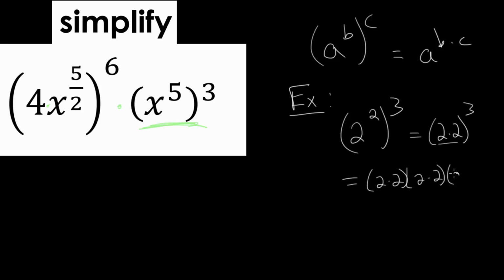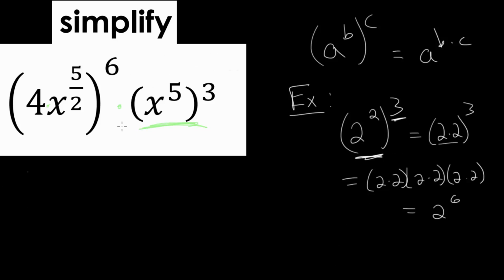And what you'll notice is that you end up with 6 2's multiplied together, which we can rewrite as 2 to the 6th. But if we just applied this rule, raising an exponent to an exponent, we multiply the exponents. 2 times 3 is 6. So you can see that the rule makes perfect sense if you just remember the basic principles of what exponents actually mean. We are taking this expression and multiplying it by itself this many times.